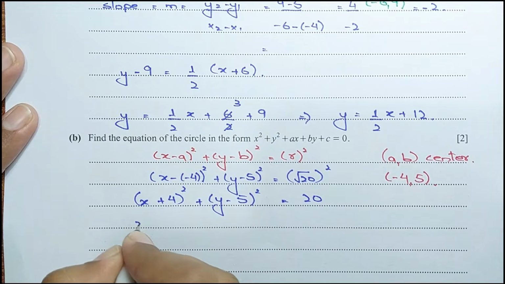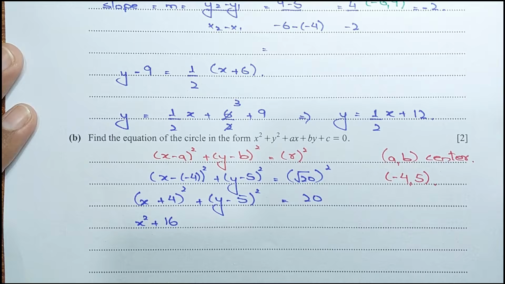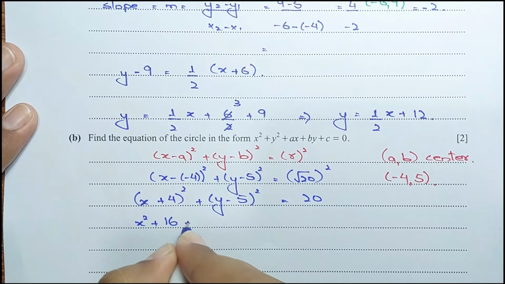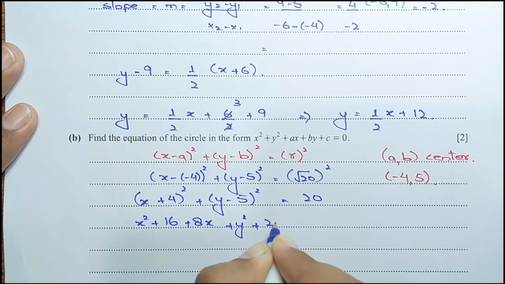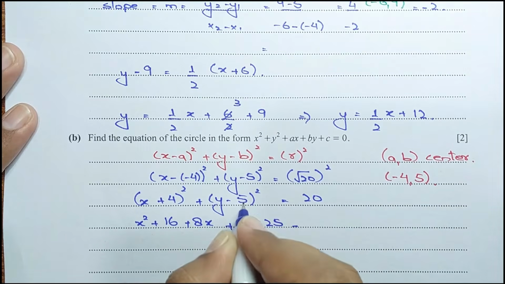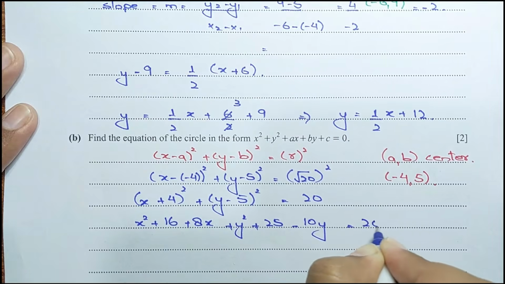Let me open the square. x square, 4 square is 16, plus 2 times x times 4, which is 8x, plus y square, 5 square is 25, minus 2 times 5 times y, which is 10y, equals 20.